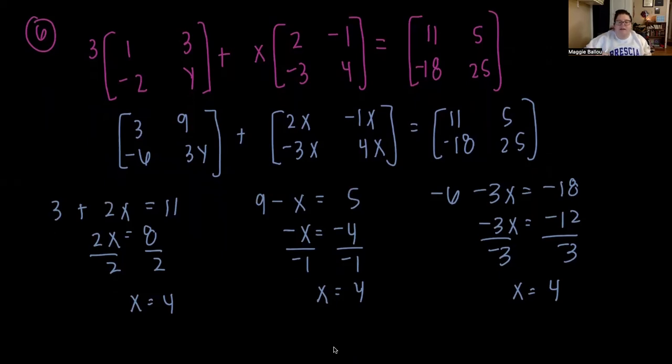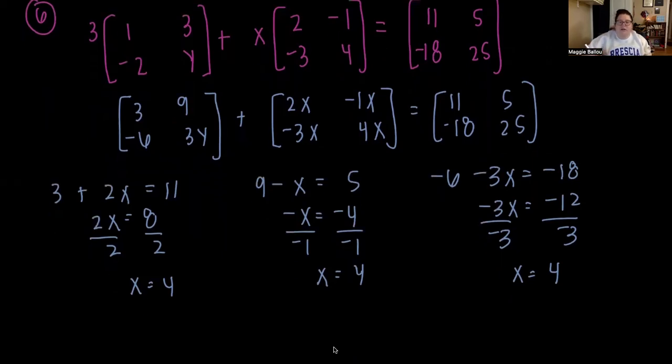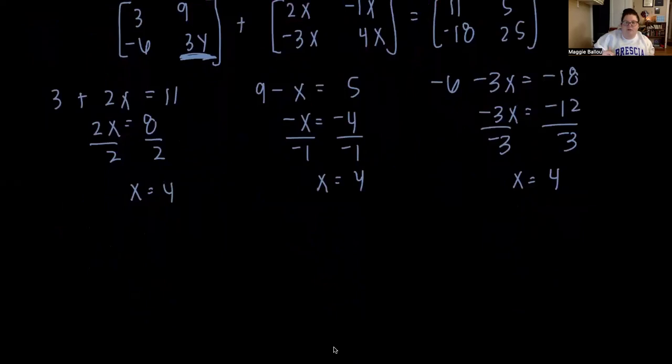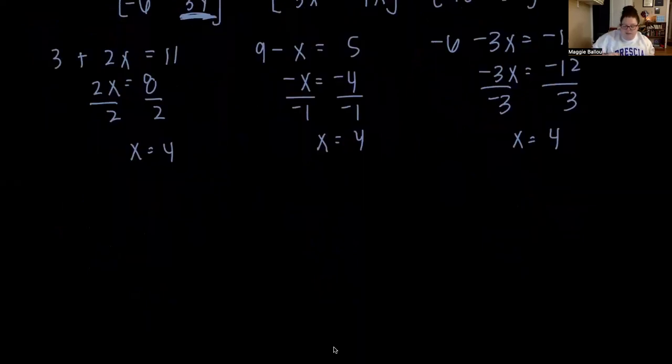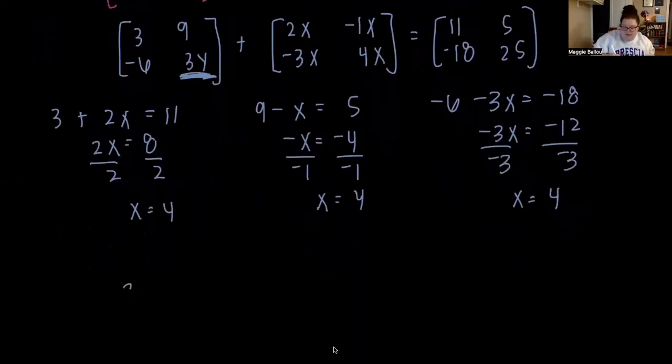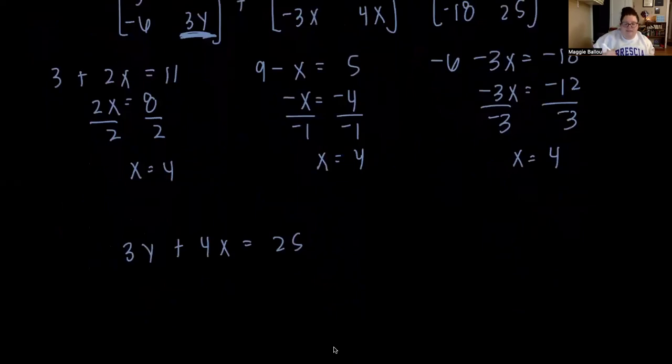Okay, so we found x, x is 4, we need to find y. The only part that has a y involved is my bottom right. So I'm going to do bottom right plus bottom right is equal to bottom right. So that is 3y plus 4x is equal to 25. I know what my x is, my x is 4.